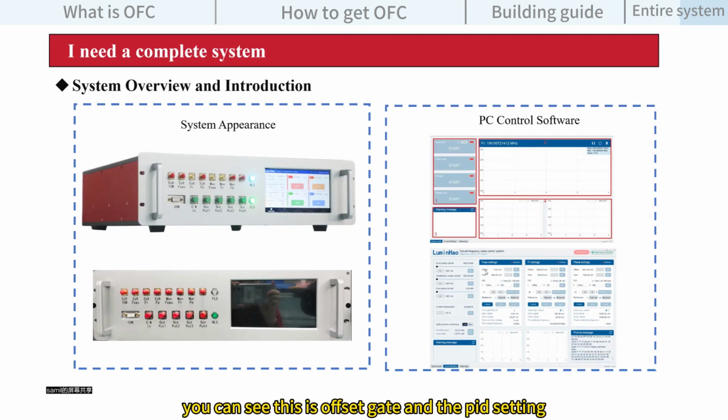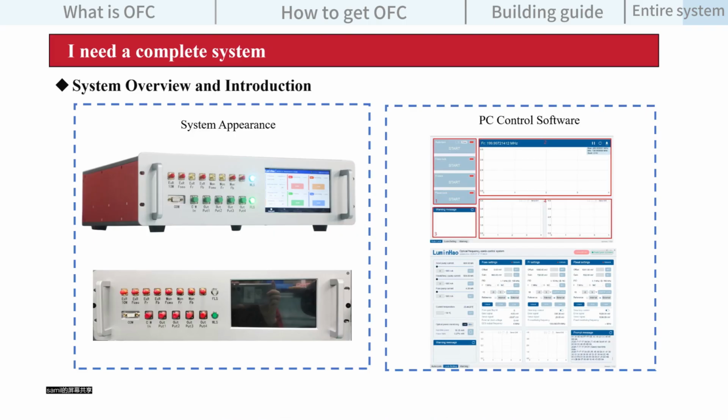You can see this is the offset gain and the PID setting, and this is the message, and this is the periodic message. For this, you can see in another video we have shown much more detail of such a 3-unit instrument.